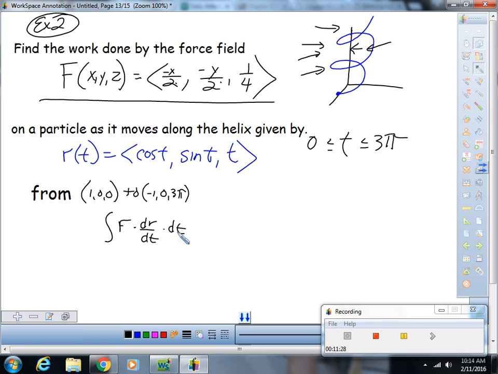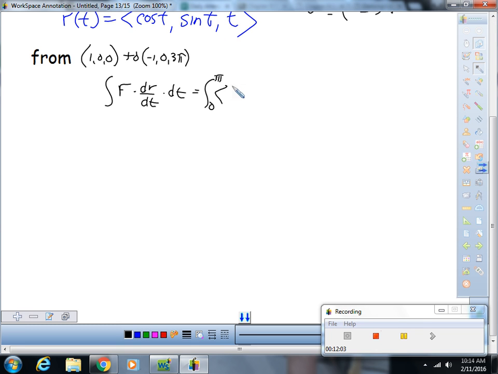Okay? So we've got the integral from 0 to 3 pi of, can I write negative x over 2 there? I cannot. So what do I need to write there? Cosine t over 2, right?